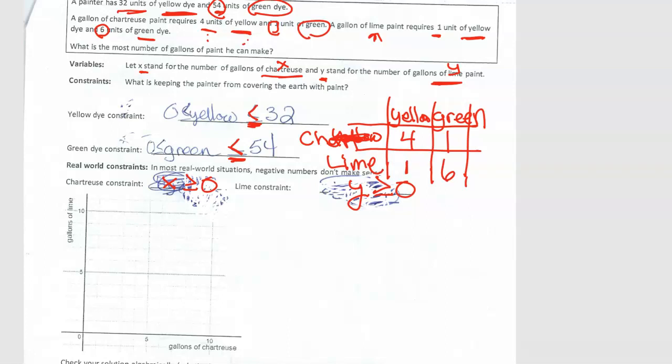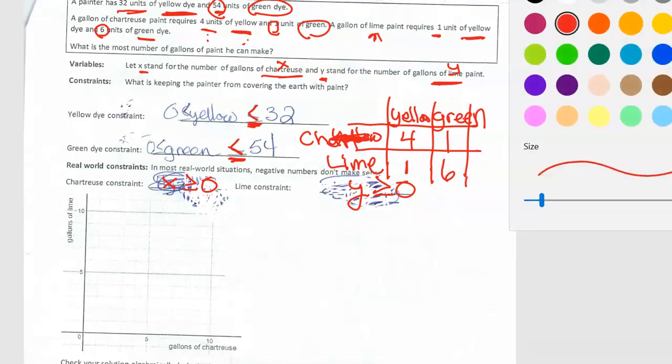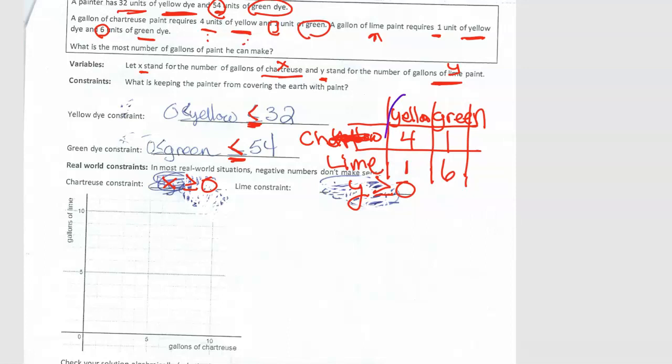Excellent. So now I can look at my yellow column. I'll get a different color here. Let's do a blue. If I look at my yellow column, I can come up with an equation that says it would take 4 for the chartreuse. Remember, the chartreuse is X and the lime is Y. And 1 for the Y, lime.